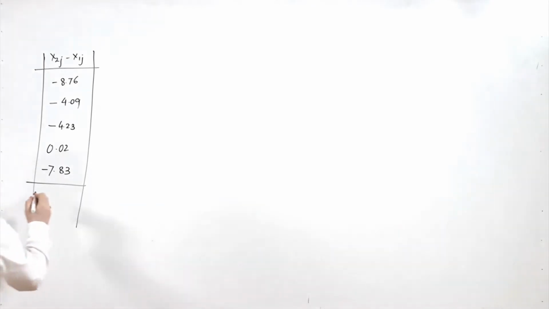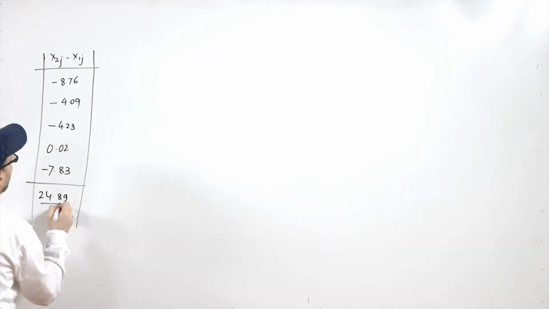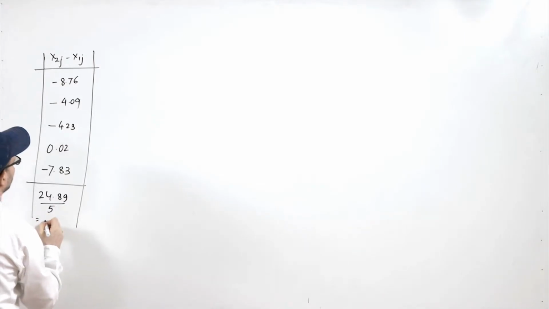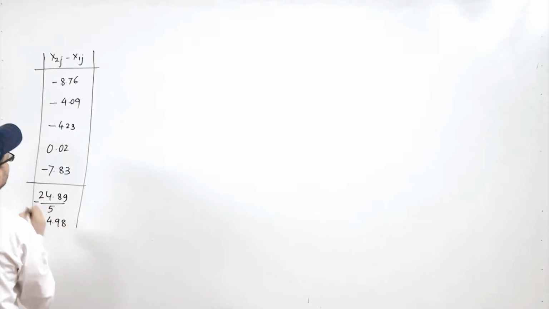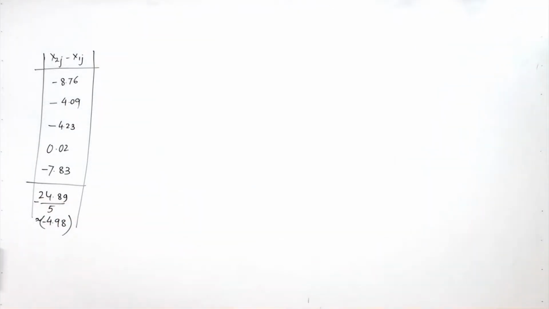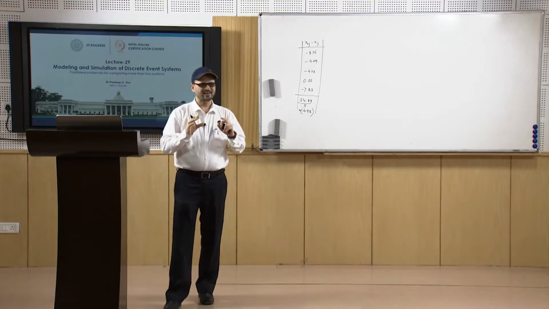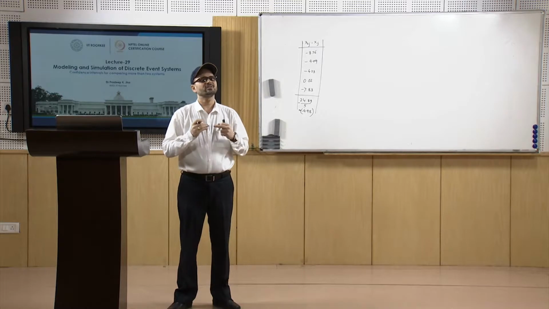So, the mean will be 24.89 by 5, which is something like 4.98, and this is minus. So, this value we get is minus 4.98.